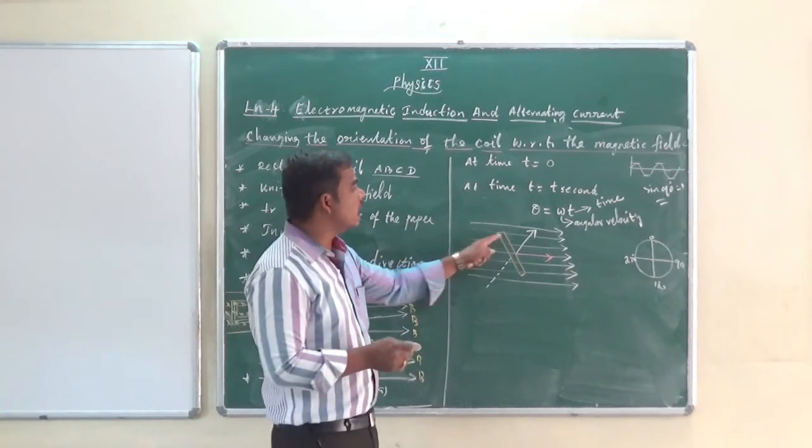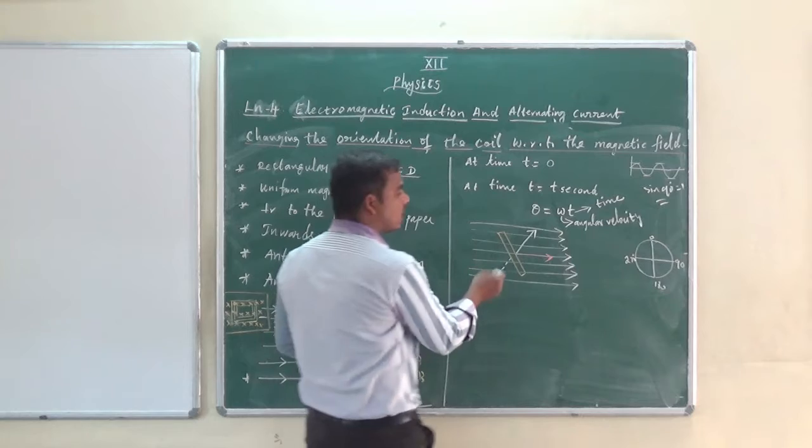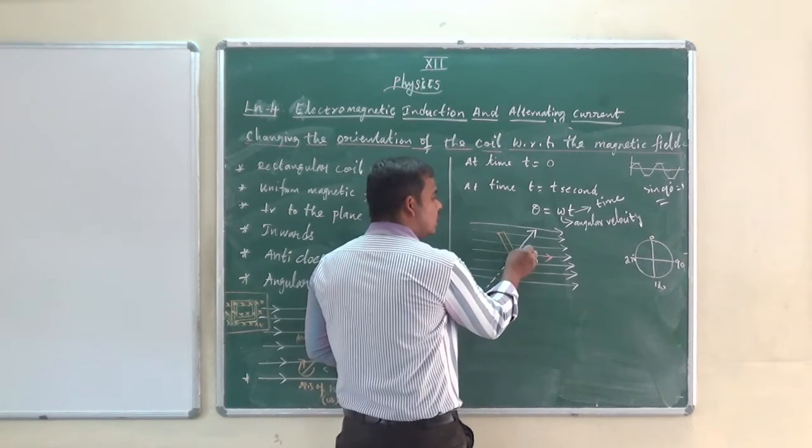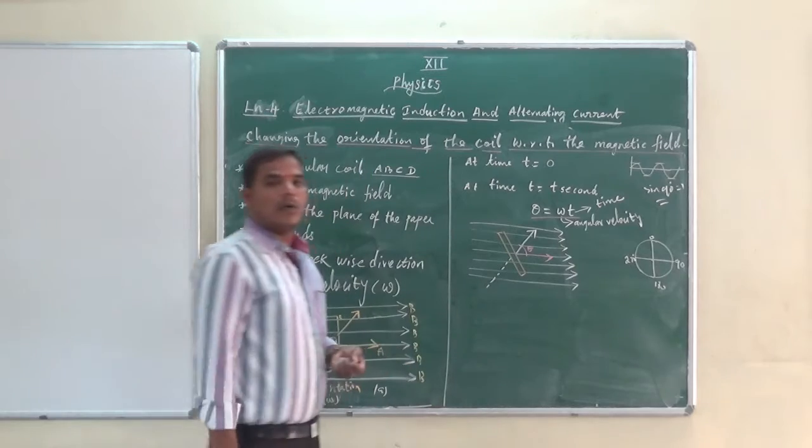But here the coil, after some time t seconds, is deflected. How much is it deflected? See, the deflected angle is theta. What is theta? Theta is nothing but omega t.